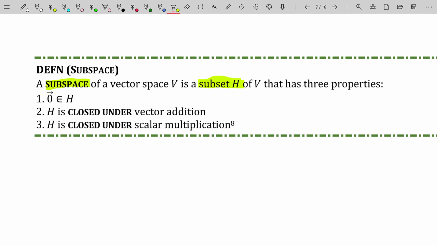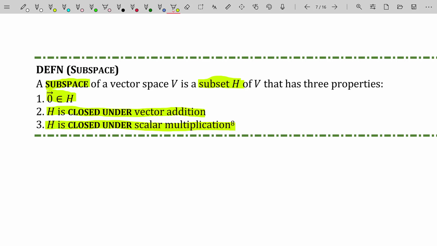I'm just going to read these out and then I'm going to go back through and talk about each one of them in turn, and some of the language used here as well. So H is called a subspace if the zero vector is in H, and if H is closed under addition, and if H is closed under scalar multiplication.